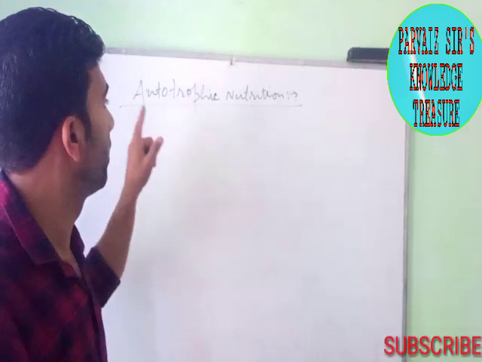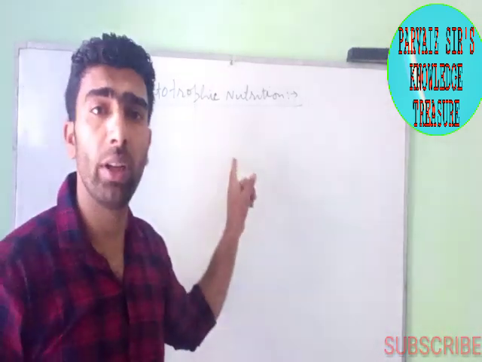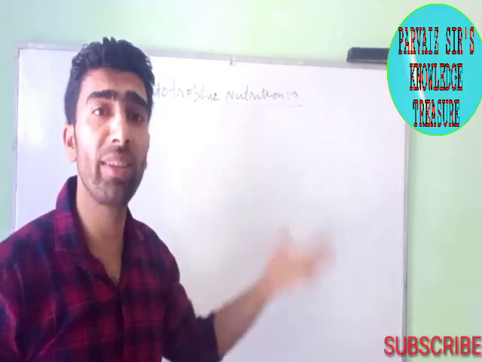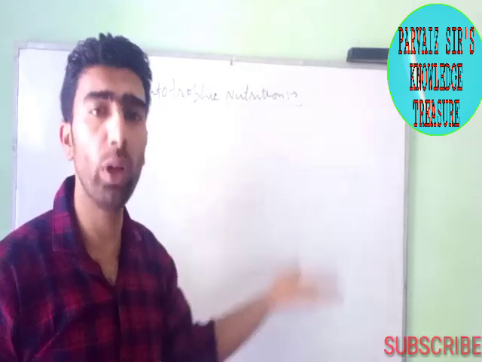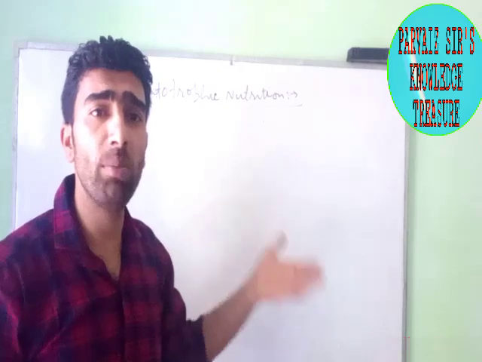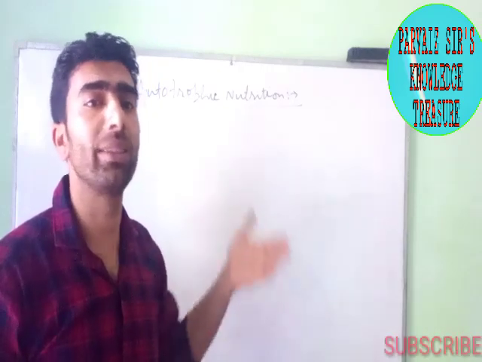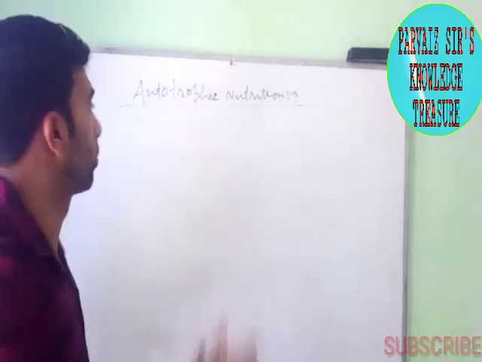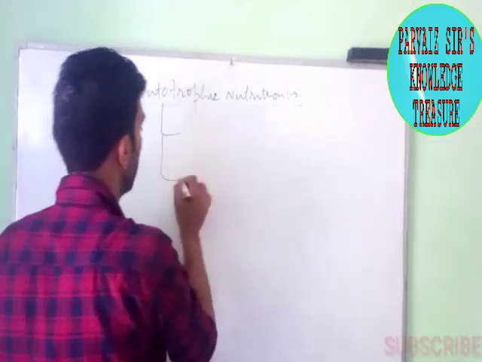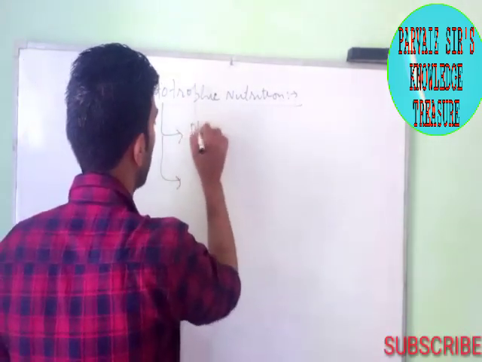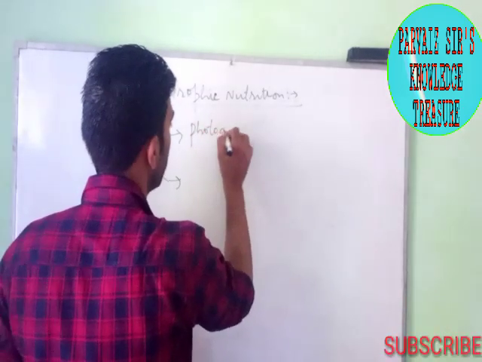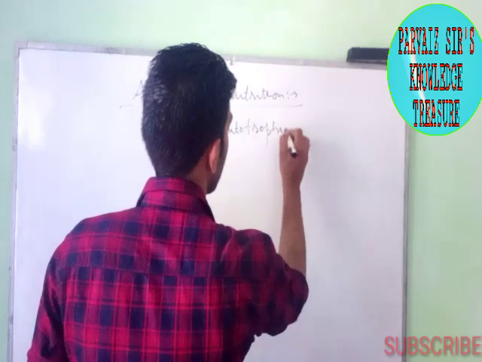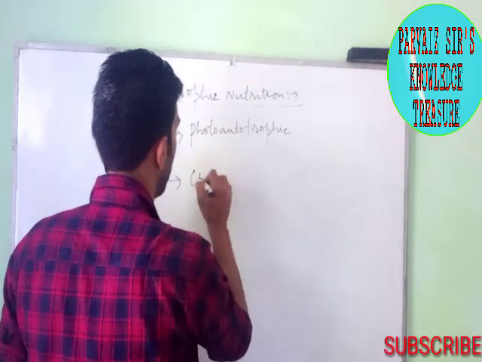It is that type of nutrition in which an organism obtains or synthesizes its own food from simple inorganic substances. It is further divided into two types, that is, photoautotrophic nutrition and chemoautotrophic nutrition.